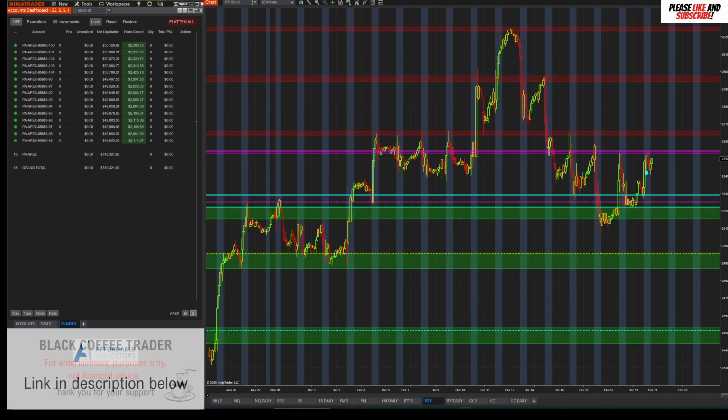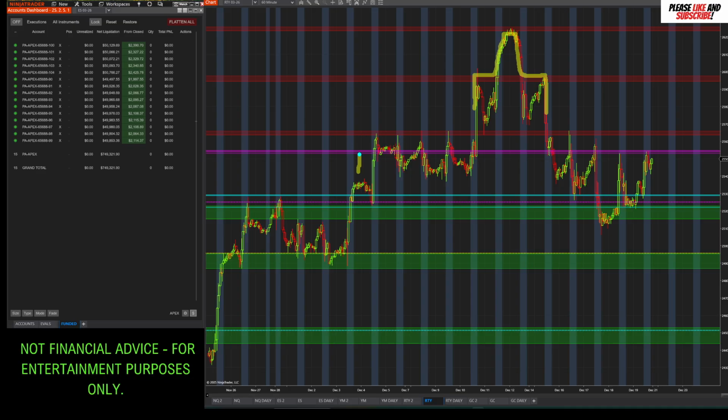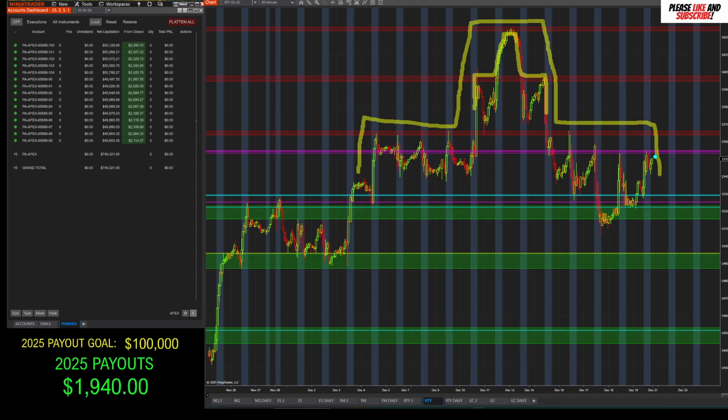So I think what we'd be looking for, you've got a little mini head and shoulders here. Notice that. So now you also have a bigger picture head and shoulders forming here. See that? So now the question is going to be on Monday, does this market reject off of maybe this level or this level?